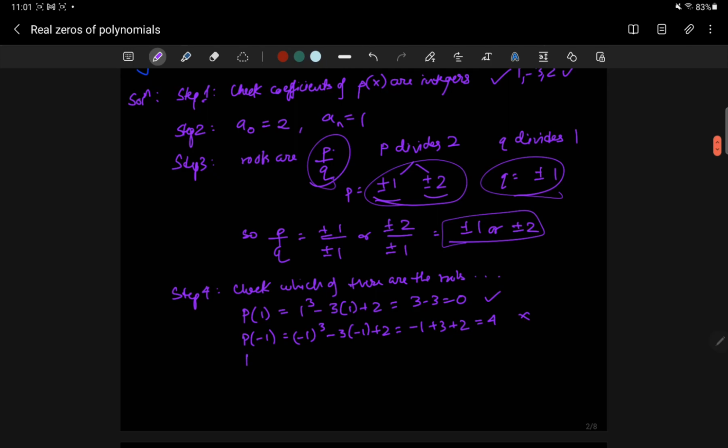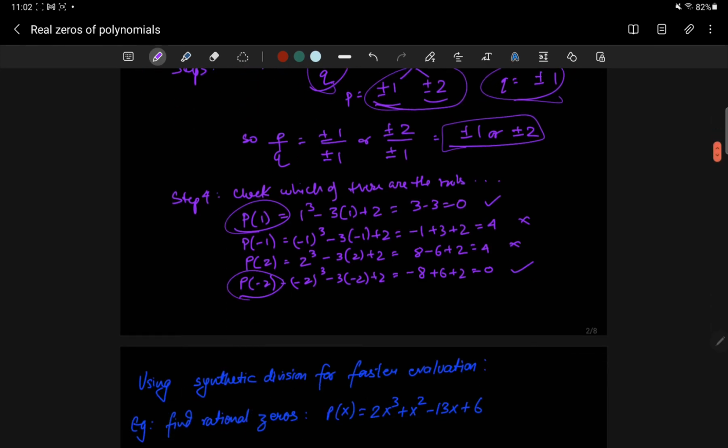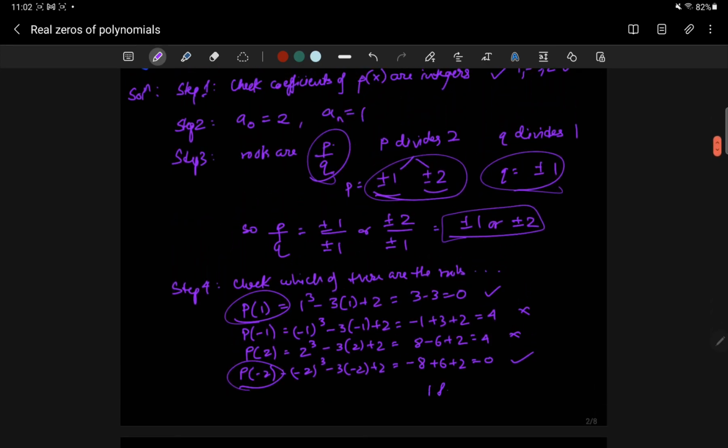So it's not a factor. 2 is 2 cubed minus 3 times 2 plus 2, which is 8 minus 6 plus 2, which is not a factor. Negative 2 is negative 2 cubed minus 3 times negative 2 plus 2, negative 8 plus 6 plus 2, which is 0. So what are the zeros? The zeros are 1 and negative 2.